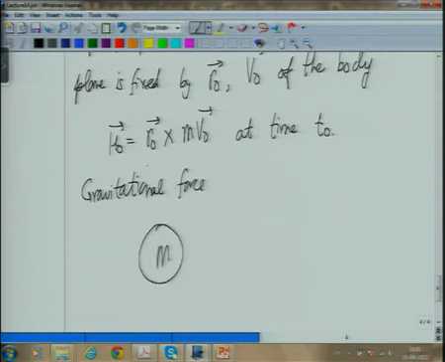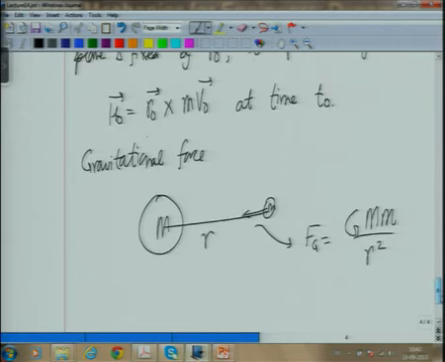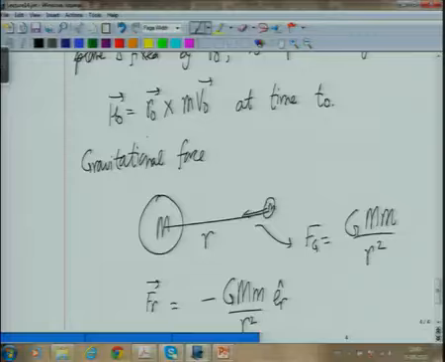We have a body of mass M and another body of mass m. And sometimes we write it as equal to minus GMm upon r squared er, because er is pointing outwards and this force is pulling the bodies towards each other.